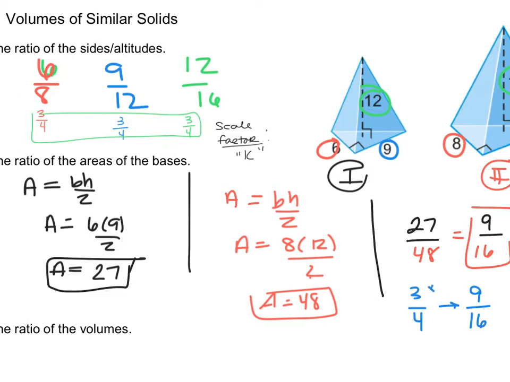Well, I do 3 times 3 and 4 times 4, which is basically squaring my 3/4 to get 9/16. So I'm now basically looking at area as units squared and perimeter as just units. So I'm squaring that ratio to get my ratio of units squared.